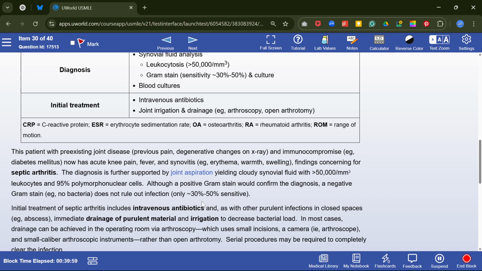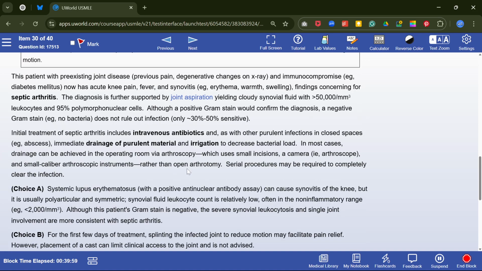The diagnosis is further supported by joint aspiration yielding cloudy synovial fluid, leukocytosis, and 95% polymorphonuclear cells. Although a positive gram stain would confirm the diagnosis, a negative gram stain, no bacteria, does not rule out infection. It is only 30 to 50% sensitive.